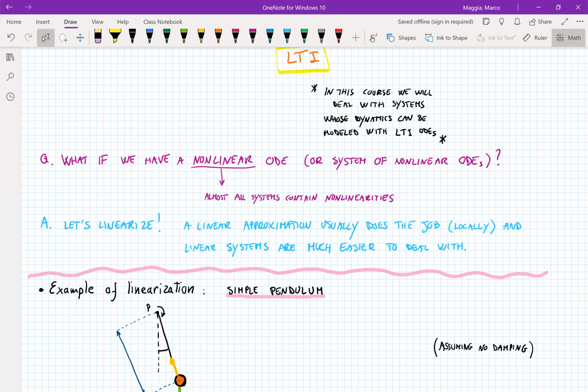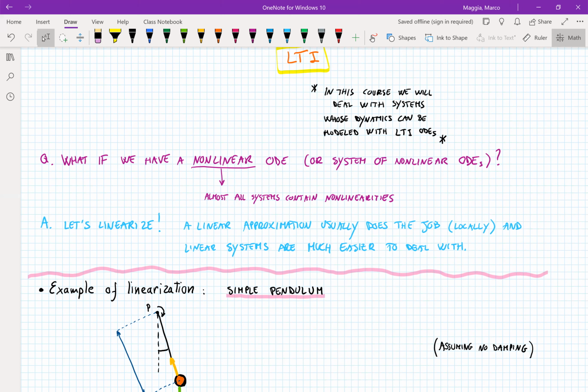So around, for instance, an equilibrium point, nonlinear systems can be linearized. If you start with a nonlinear system, you can linearize it about a certain reference point, and you can use the linearized system and apply all the analysis that we will see later on in this course to it.